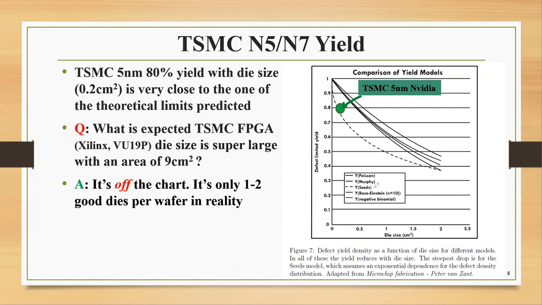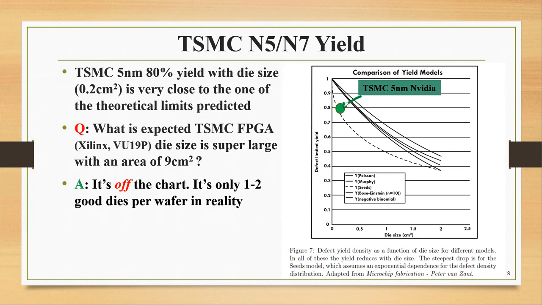These 5 models are developed by various scientists, statisticians, explained based on their model, what does the yield curve look like. And if I plot the TSMC 5 nanometer data here, it's 0.2 centimeter square, then you can easily see that it's right here.